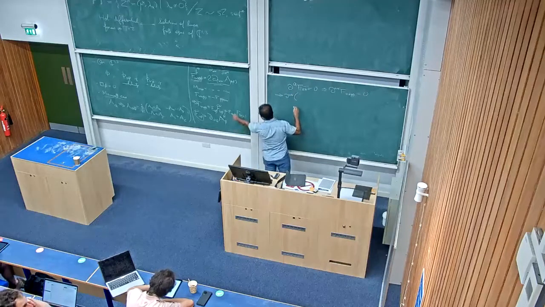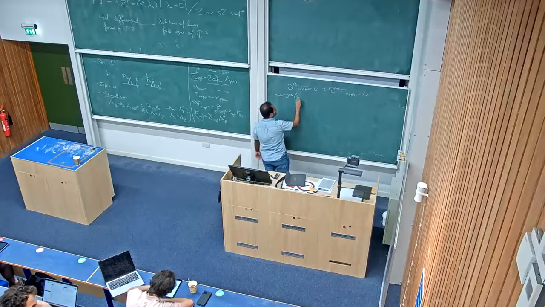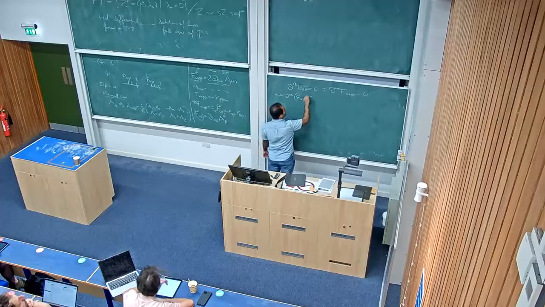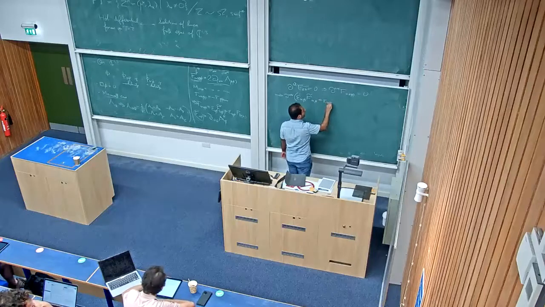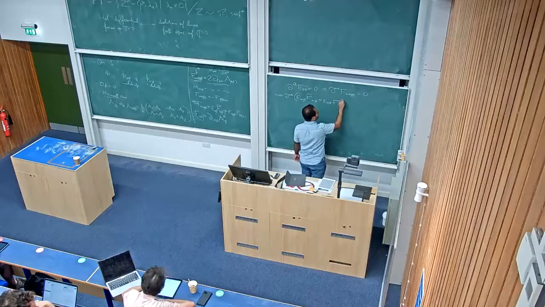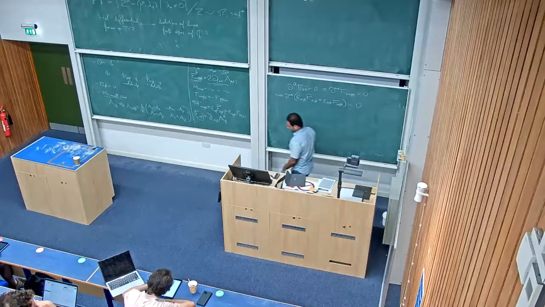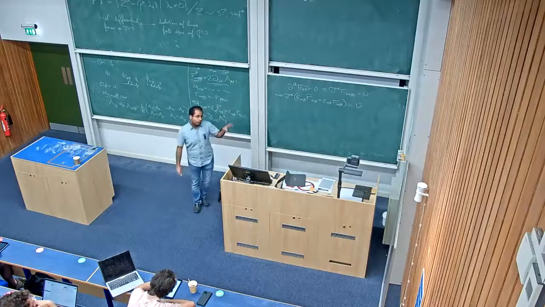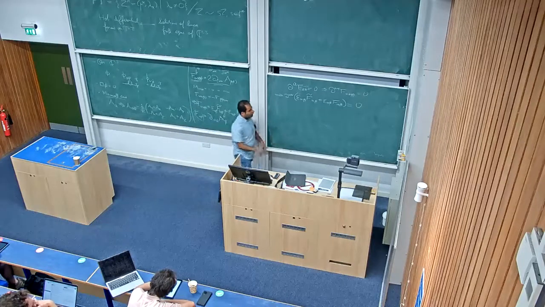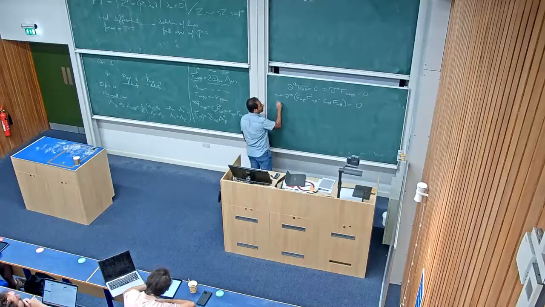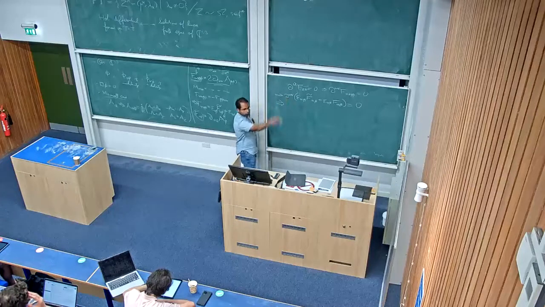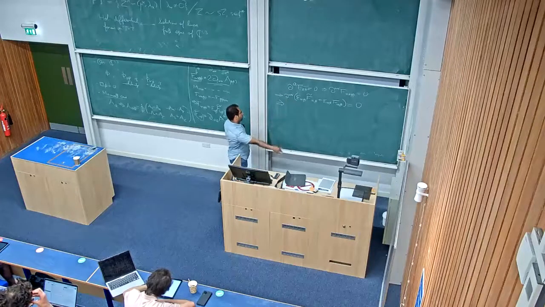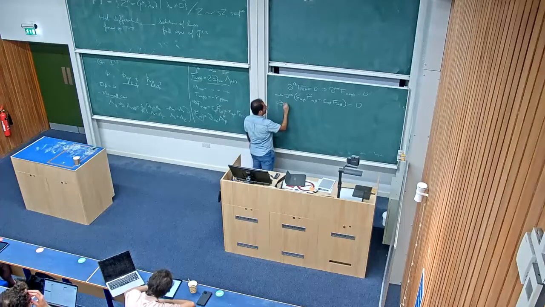You plug in the SU2 decomposition, and use the index raising or lowering. If you've forgotten how to raise or lower an index, use your favorite convention. My convention was that if alpha and alpha are slanted towards the right, then you can just lower it directly.